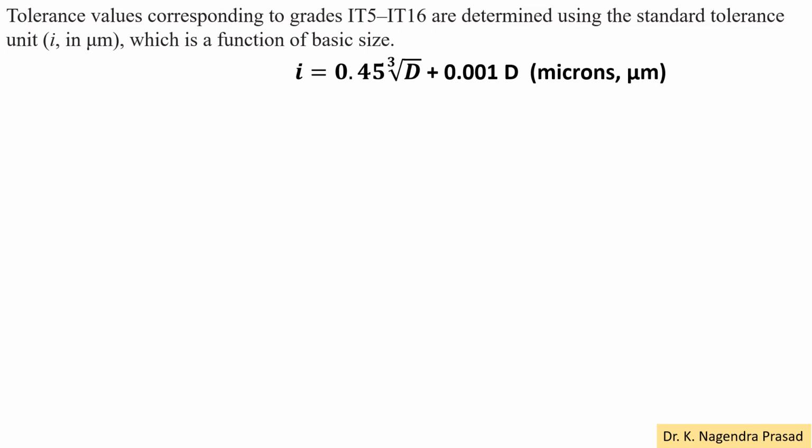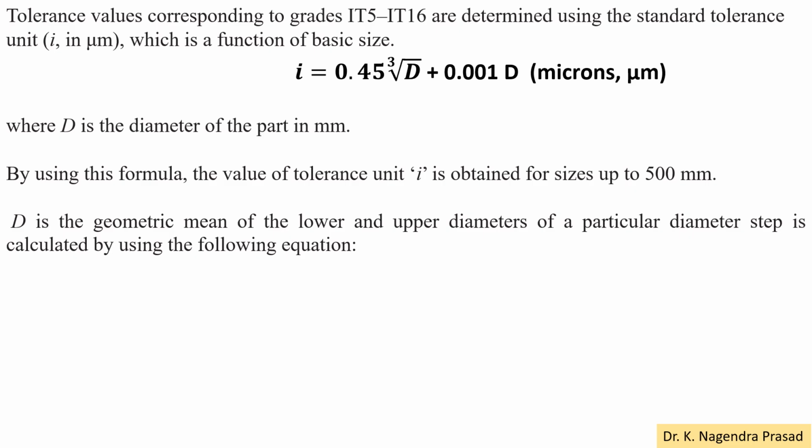So small i, the standard tolerance unit, equals 0.45 times the cube root of capital D plus 0.001 times capital D, and here i values are in microns, and capital D is the diameter of the part in mm. By using this formula, the tolerance unit small i is obtained for sizes up to 500 mm. So this formula is applicable up to sizes of 500 mm.